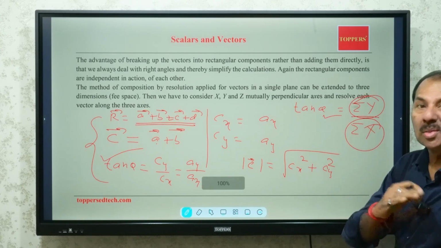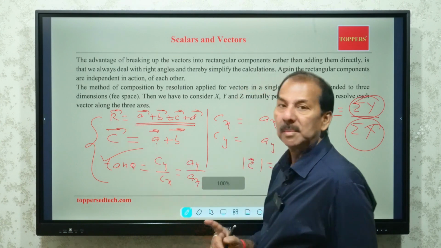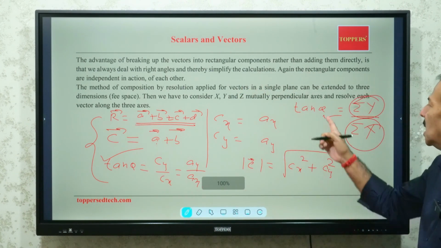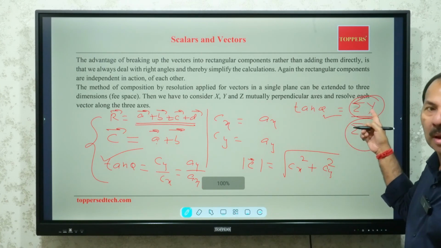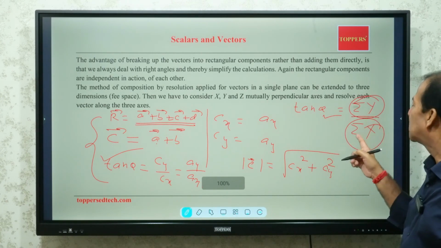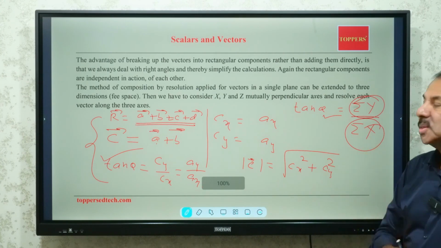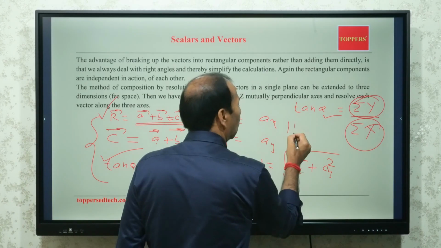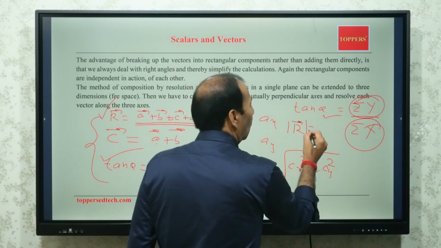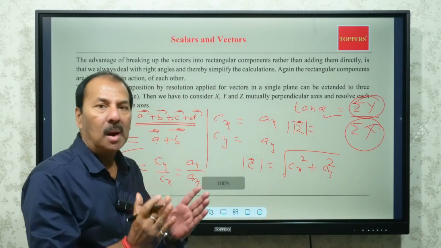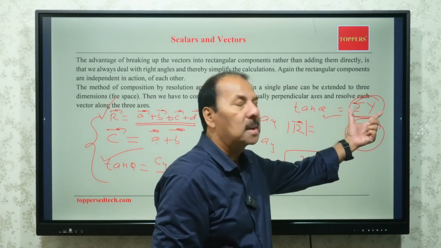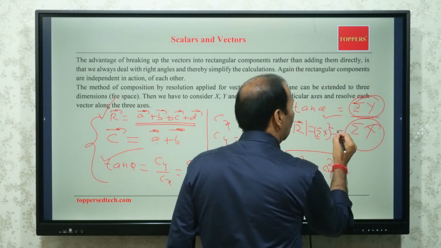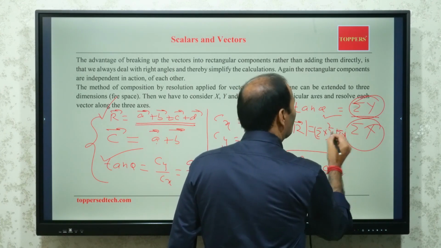Then tan theta, where the resultant of these vectors makes angle theta with the x-axis, will be nothing but the sum of all the components along the y-axis divided by the sum of all components along the x-axis. And the magnitude of this R, if you want to calculate it, all the x components and all the y components are known to us. It is the square root of the summation of x squared plus the summation of y squared.